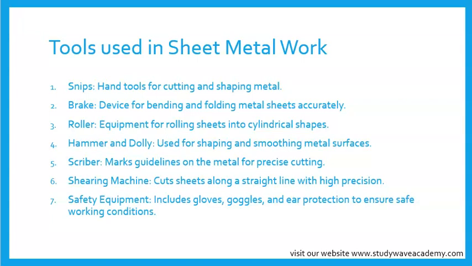Okay, so today's lesson on sheet metal work, we understood it, right? We said sheet metal work is about playing with thin metal sheets to create cool stuff, right? It's used to make things durable and versatile. Then we looked at shape development.